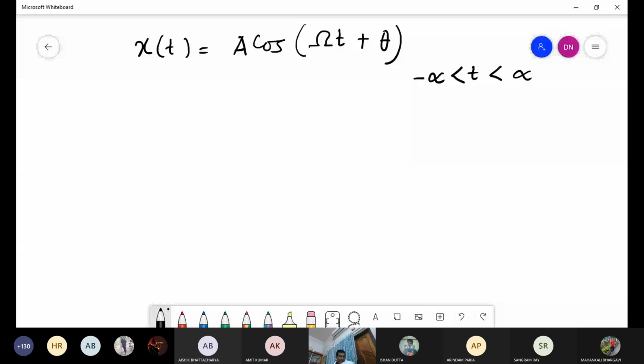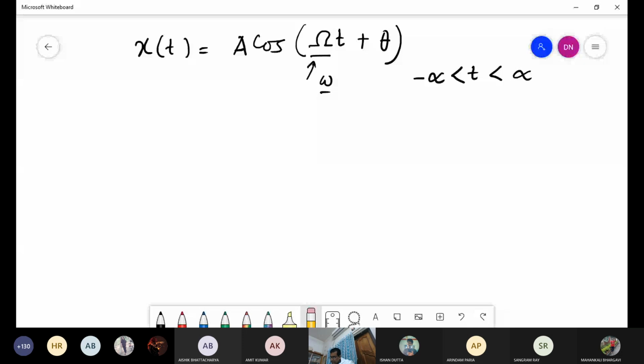Now here the signal is periodic or aperiodic. Can you tell me? Generally, we know that in different books, different representations of this omega are there. Here I am taking this capital omega because I will use the lowercase omega for the digital signal.